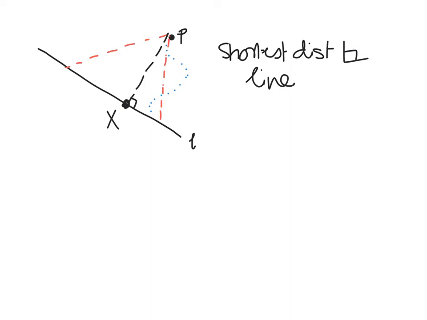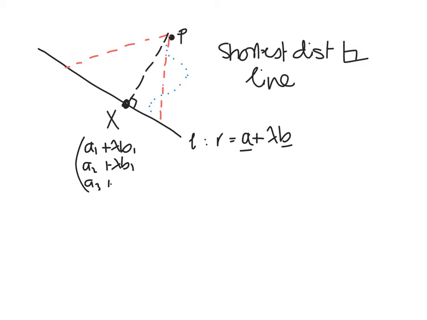If this line L is given by A plus lambda B, where A is our position vector from the origin to the line, and B is our direction vector along the line, then the coordinates of x will be A1 plus lambda B1, A2 plus lambda B2, and A3 plus lambda B3.